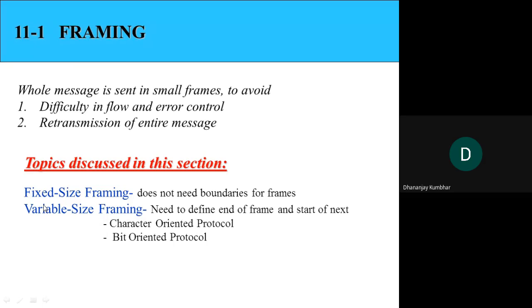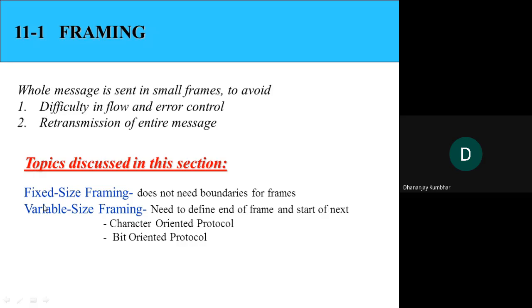But the problem with fixed size framing is if the data length varies. Suppose our message itself is of varying nature. There are messages of a small number of bits, and then the next message comes with a large number of bits.